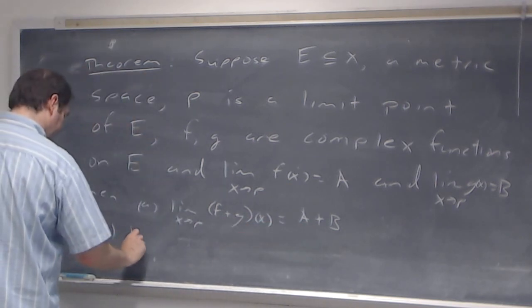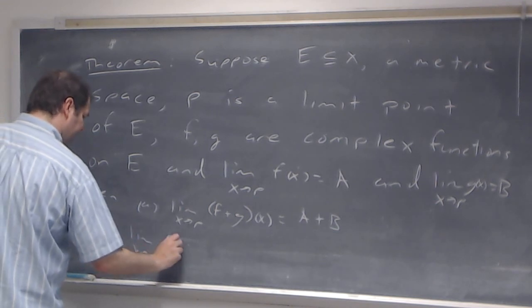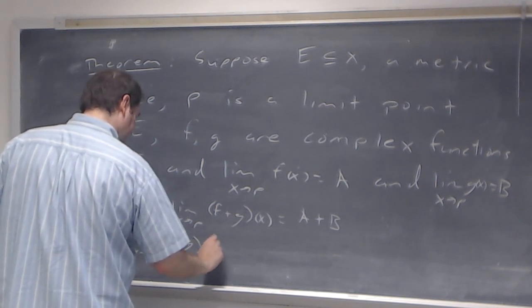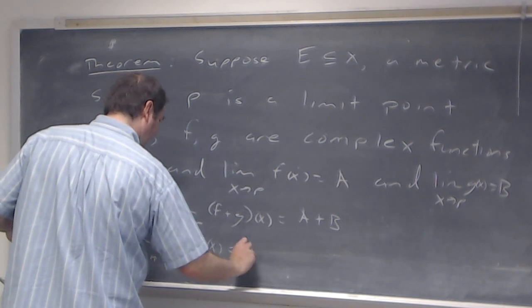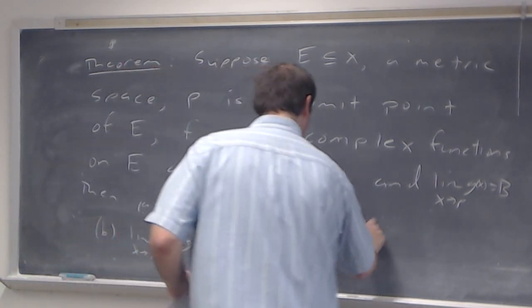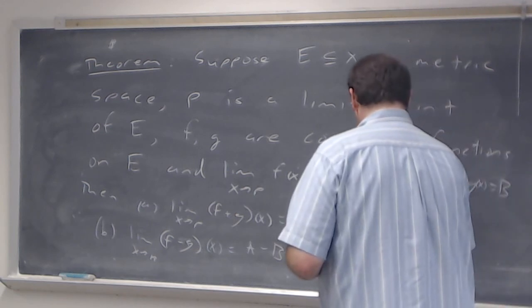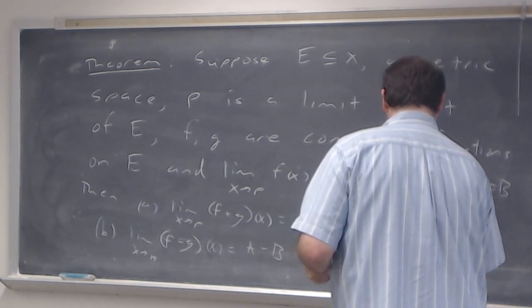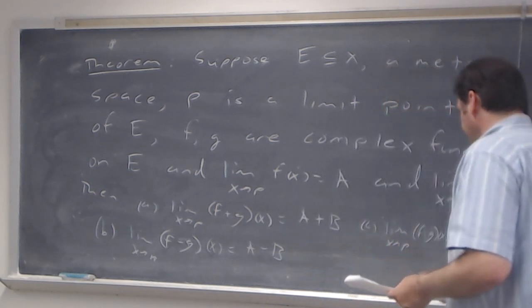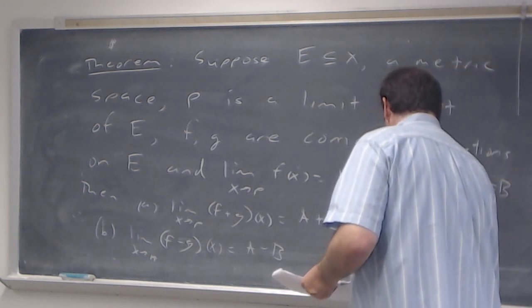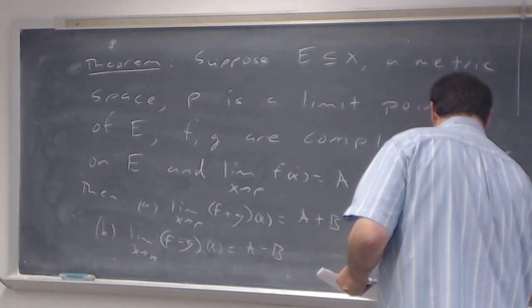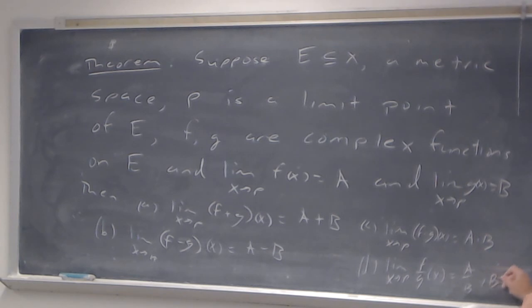Part B, the limit as x goes to P of f minus g acting on x is going to be equal to A minus B. Part C, the limit as x goes to P of f times g acting on x equals A times B. And D, the limit as x goes to P of f divided by g of x equals A divided by B. And that's provided B is different from 0. B's got to be different from 0.